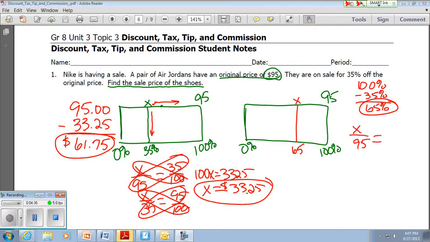Part over the whole equals percent over 100. Solve it. 100x is equal to, oh, I didn't work that one out. 95 times 65.